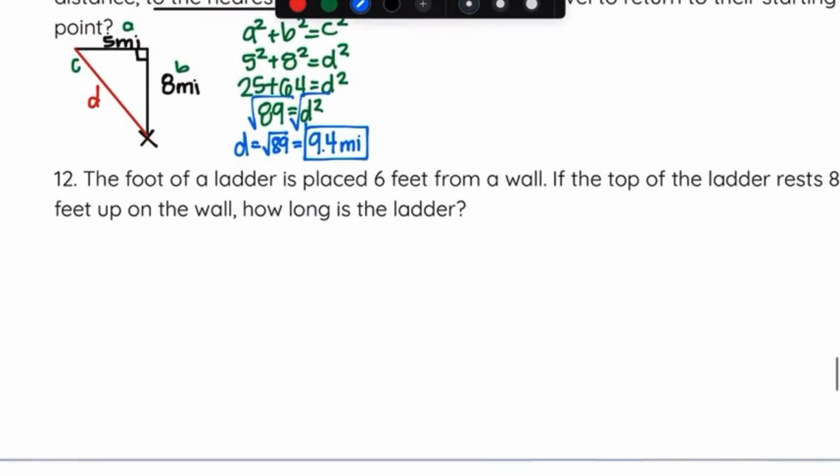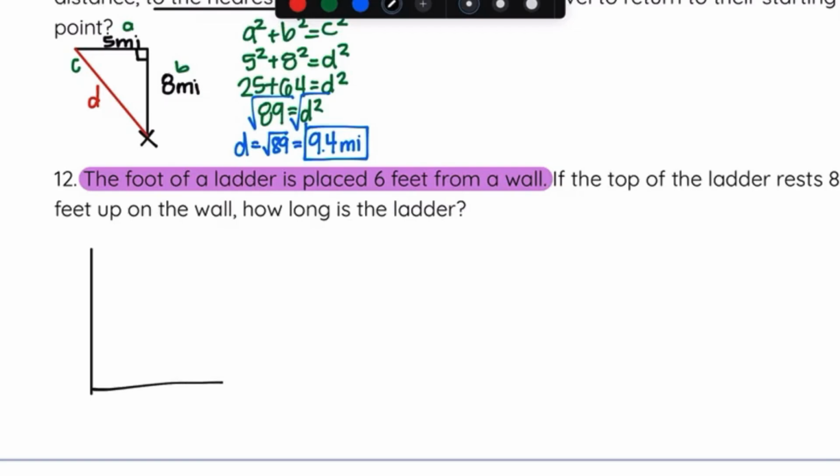Now, number 2. The foot of a ladder is placed 6 feet from a wall. So there's your first statement. The foot of a ladder is placed 6 feet from the wall. Okay, so let me go ahead and draw a triangle here.